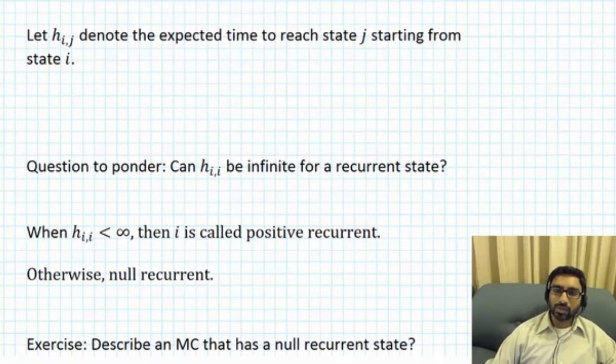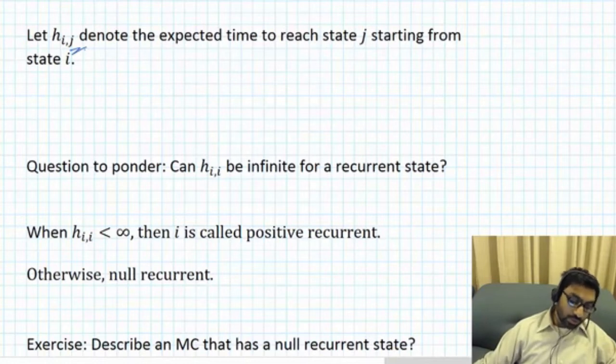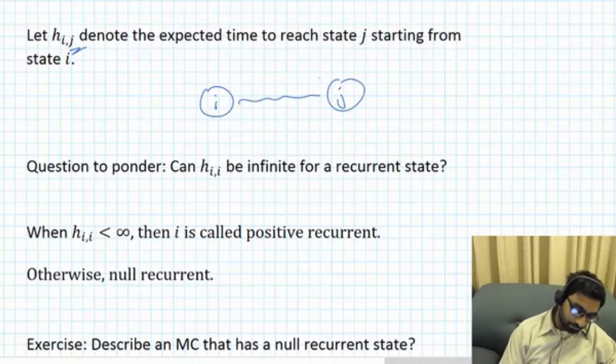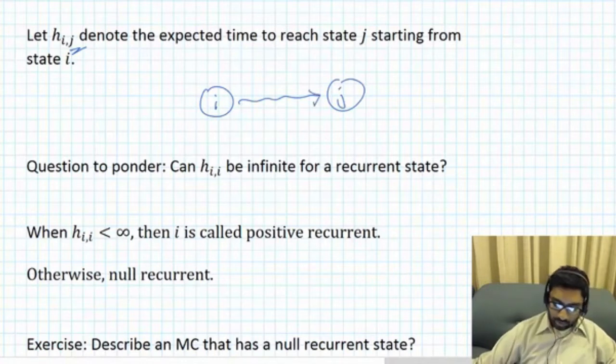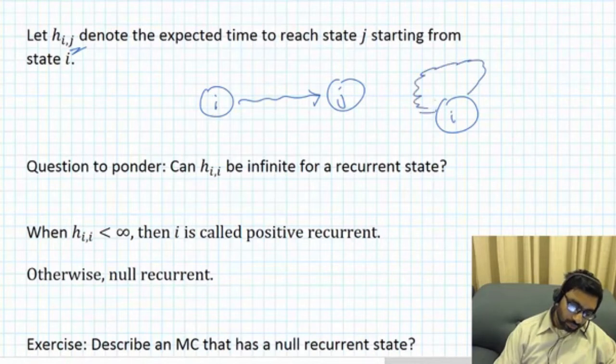Let's use the notation h(i,j) to denote the expected time to reach state j starting at state i. So the question to ponder is, suppose you're at state i, how long does it take for you to get back to i?